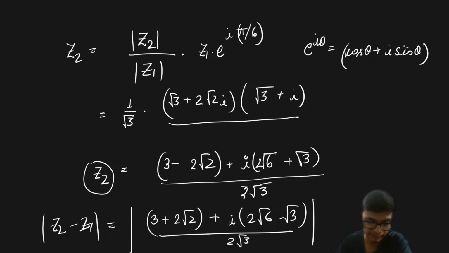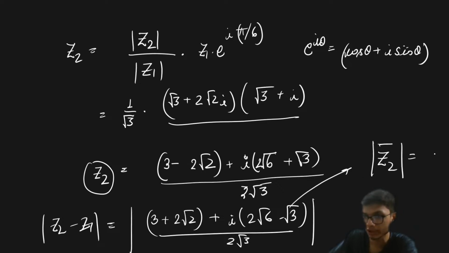This particular part inside the bracket is nothing but z2 conjugate, right? And the mod of z2 conjugate is the same as the mod of z2.